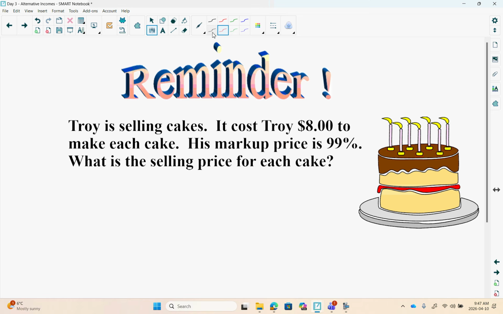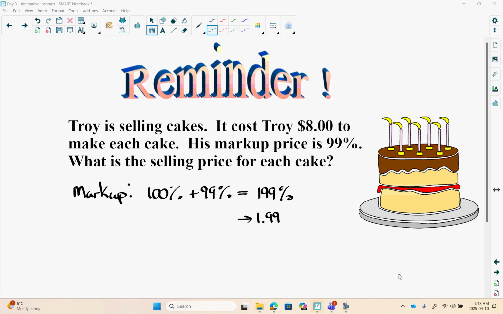So remember from last unit, what does a markup do? Does it increase the price or decrease the price? Increase the price. So what I actually have to do is take 100% and add 99%. What's that give me? 199%. What would that equal as a decimal? 1.99. Remember, percent means per 100, so you just divide that number by 100. And if I want to know what Troy's going to sell the cakes for, I take the $8 and multiply it by this decimal, 1.99.